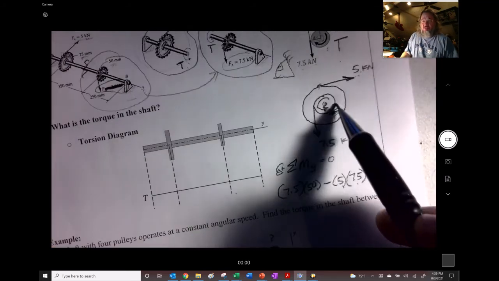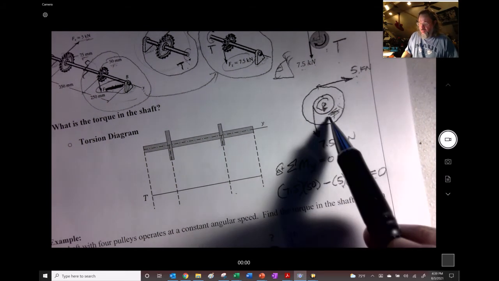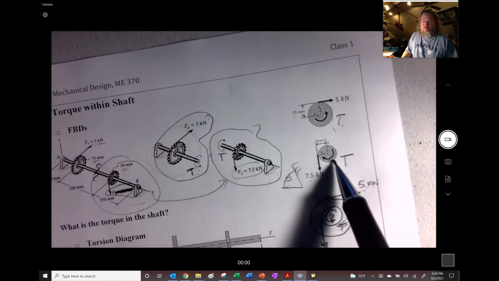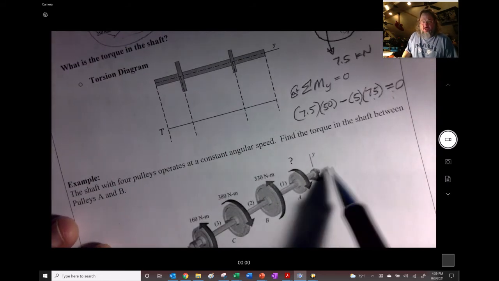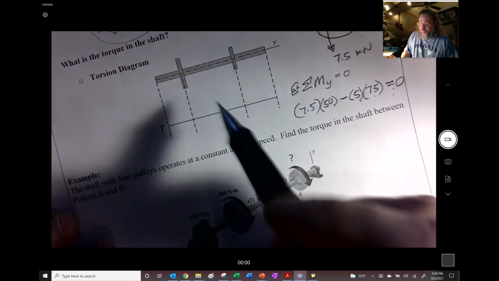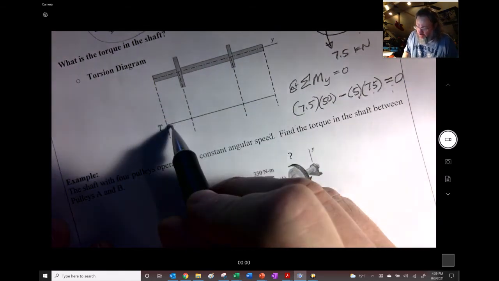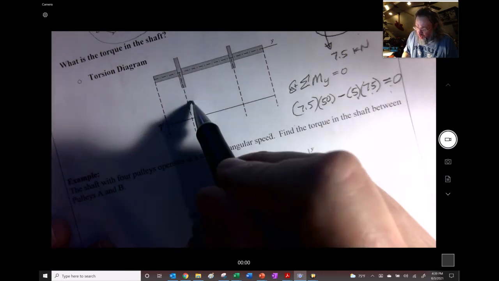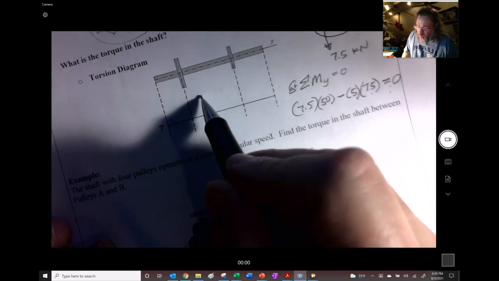I think I actually prefer just to do individual diagrams like one of these. So if you had something more complicated like this one below, I would do that. I'll demonstrate that here in a second. But the torsional diagram, if I recall correctly, just shows the torque in between each of the shafts, and I think they're taking a left to right approach.